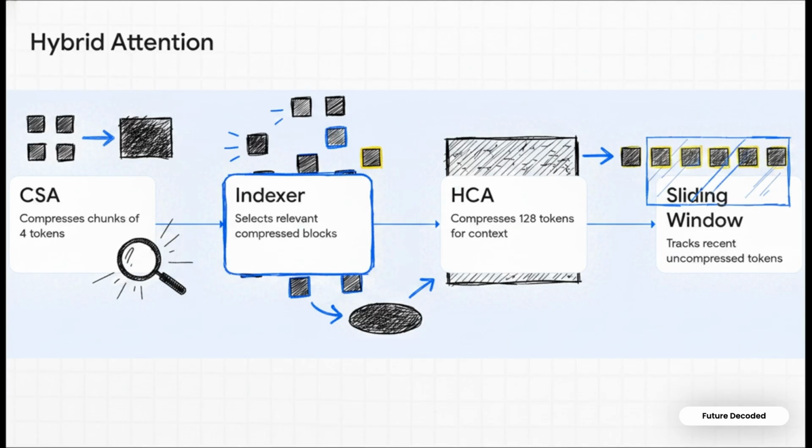Second, a lightning indexer rapidly scores these blocks, picking only the most relevant ones to actually process. Third, heavily compressed attention groups huge chunks, like 128 tokens, or about a whole paragraph, into one single summary for broad context. And finally, a sliding window keeps the most recent words completely uncompressed for perfect immediate recall.